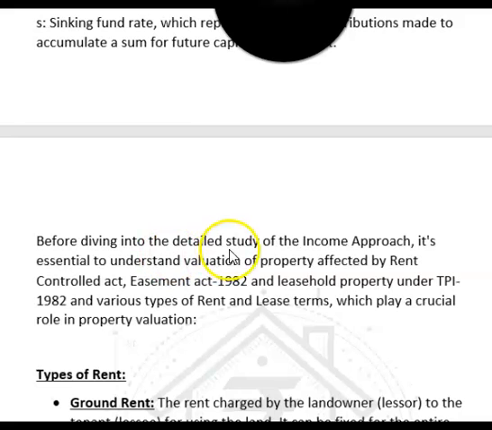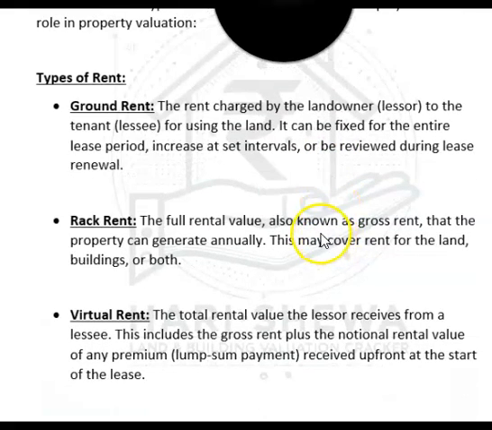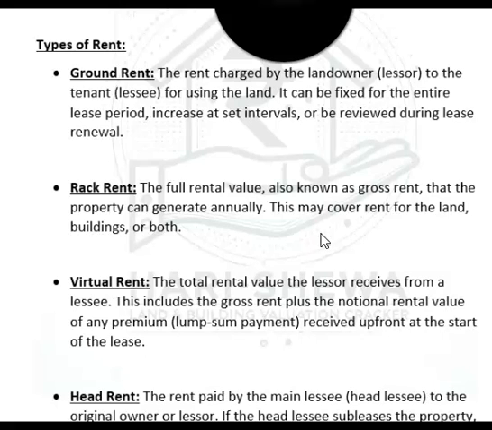Before diving into a detailed study of the income approach, some more definitions we have to learn here. First, we are going to see the types of rent. Ground rent: the rent charged by the landowner lessor to the tenant for using the land.